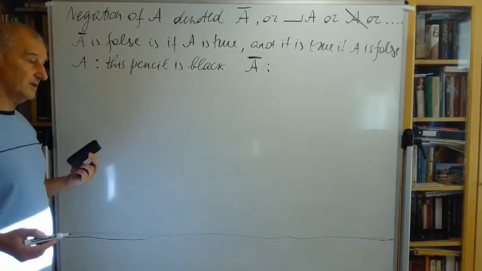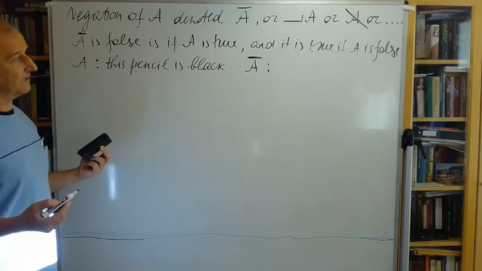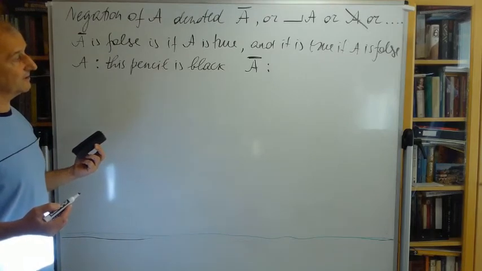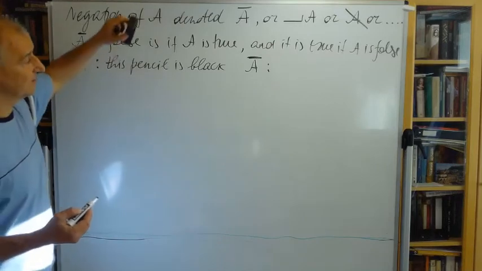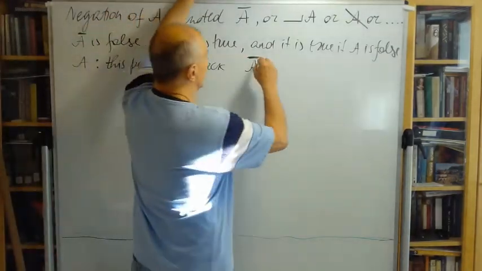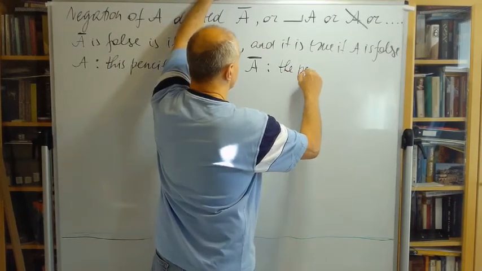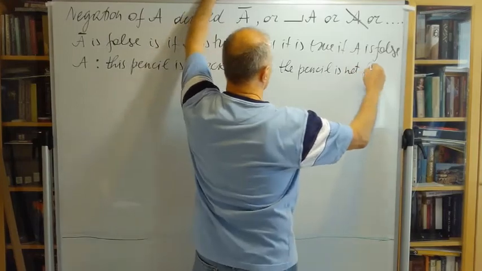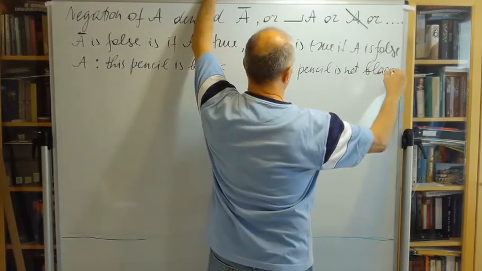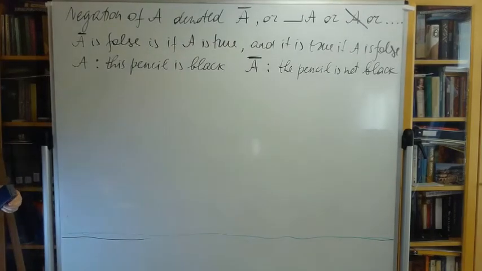This pencil is red denies pencil is black, and pencil is blue is also in the area of A negated, and pencil is white or pencil is green and so on. So the only negation is the pencil is not black. So it is pretty easy.